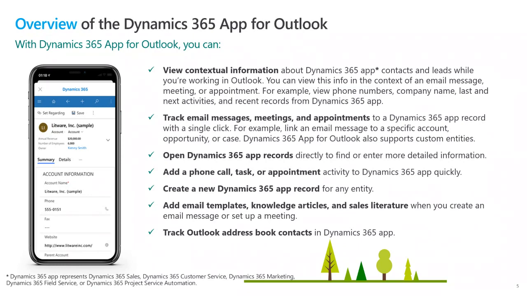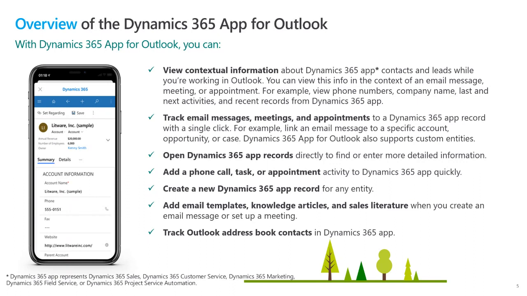It also allows, of course, users to track email messages, meetings, and appointments to a record in Dynamics 365 in a single click. You can open Dynamics 365 records directly from the app to find or enter more detailed information. You can seamlessly add phone calls, tasks, or appointments to Dynamics 365 records right from the app. You can create new records using the quick create feature.